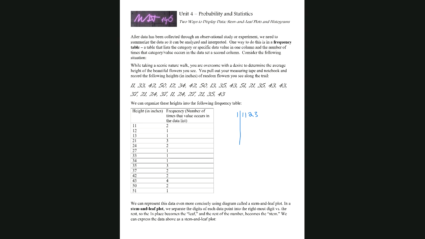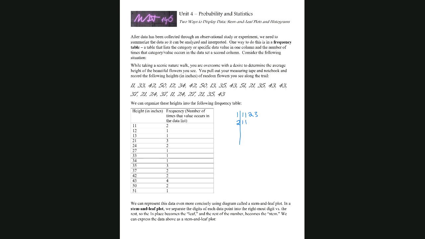Then I also have numbers with a 2, numbers that are the 20s. So when I look at that, I look for all of my numbers that have a 2 in the front as the tens value, and I record the ones value. So that's 21, so I put the 1 there. And another 21, so I put 1 here.